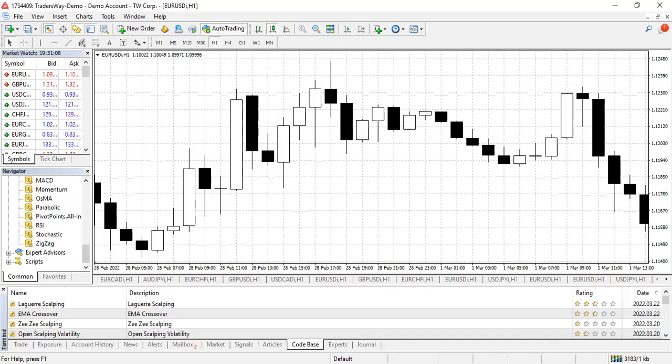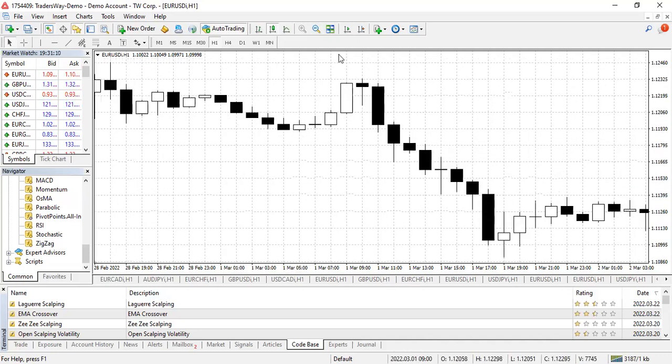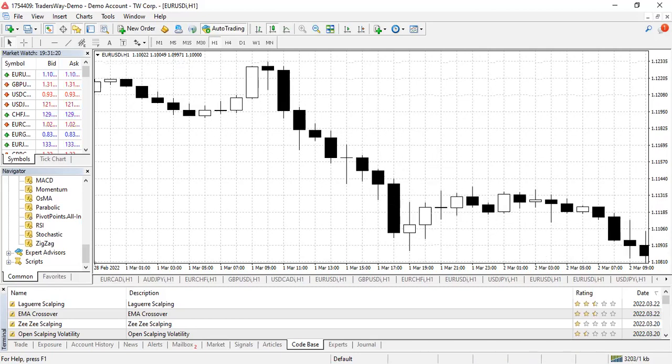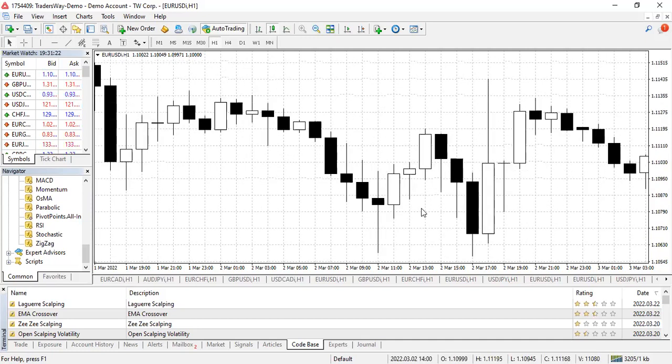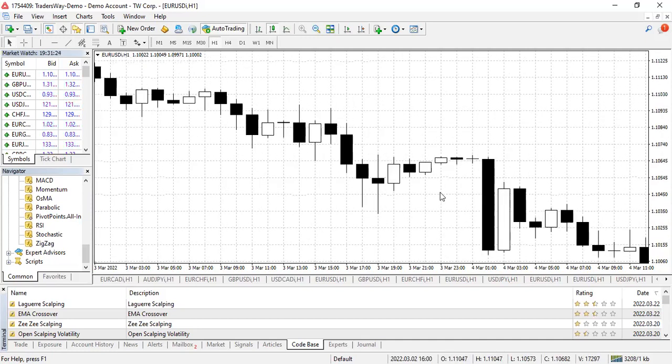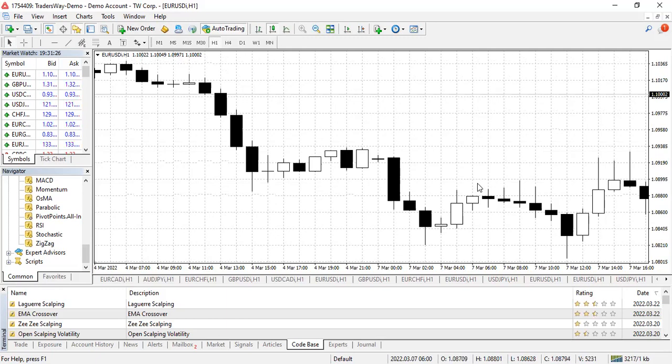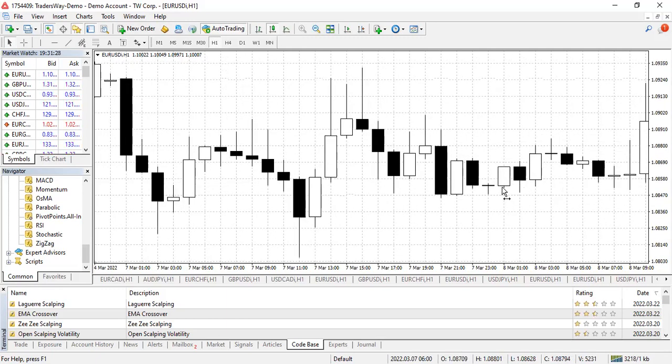Let me just explain, since we couldn't find it here. You can still use this. This is an example of a hanging man. But when it is bullish, it is called the hammer.